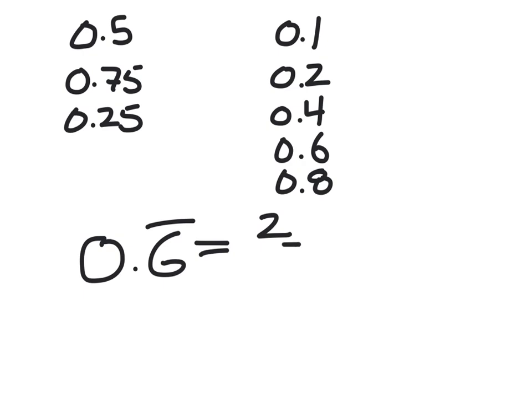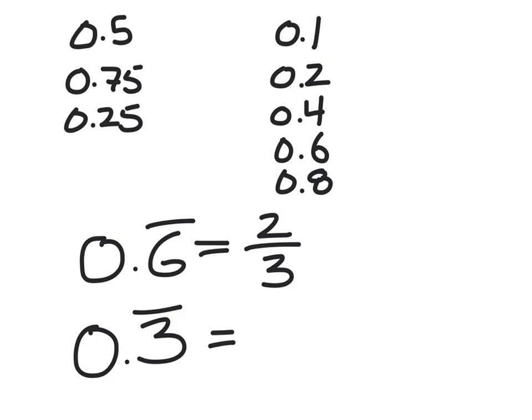But for the homework that we're doing today, you're going to have to memorize 0.6 repeating. This one is 2/3. The only other one that's really important for you guys to remember, because right now we haven't learned how to convert these into fractions, is 0.3 repeating, which is 1/3.